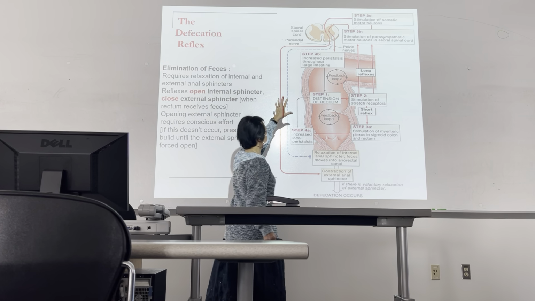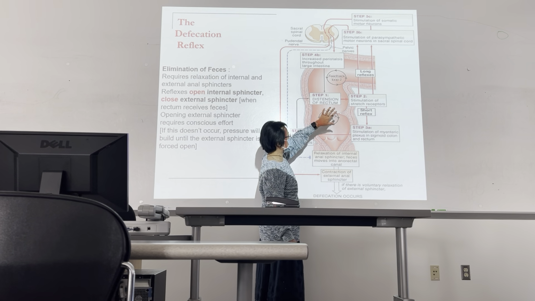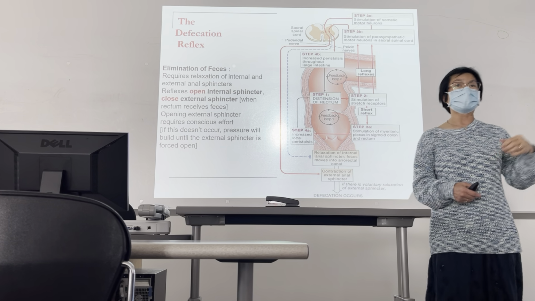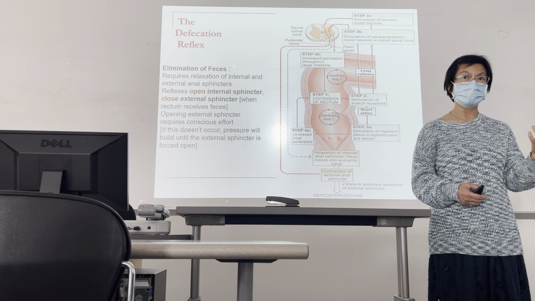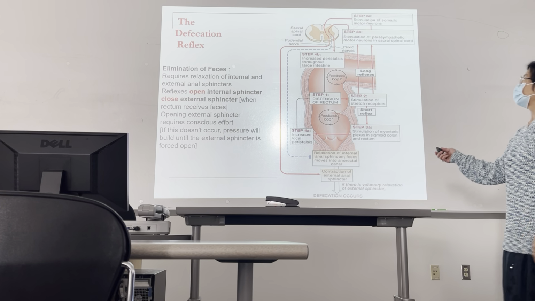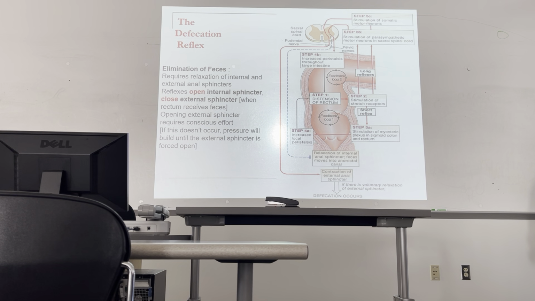And then when the feces makes it down here to the terminal part of the rectum towards the anus, it will trigger what you call the defecation reflex, which is a local sacral spinal cord reflex. Sacral spinal cord. So it's lower reflex. What does the defecation reflex do? The defecation reflex opens up the internal sphincter because the internal is smooth muscle.